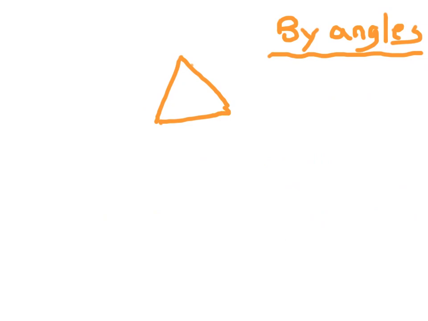If we look at this first triangle here and classify it by its angles, we're looking at each of these angles, and each of those angles is less than 90 degrees. Since each of those angles is less than 90 degrees, they're called acute angles.